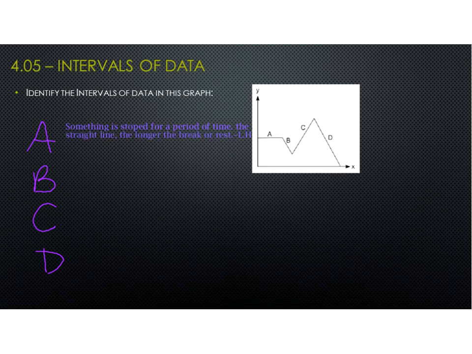And just a reminder, the options to choose from are constant, increasing, or decreasing. And I'm going to run out of room here. Bear with me. Sorry, it got kind of squished. So, A, B, C, and D, are they constant, increasing, or decreasing?